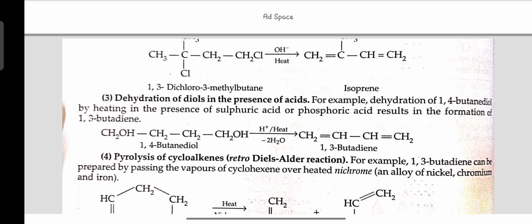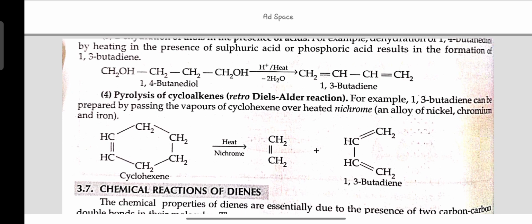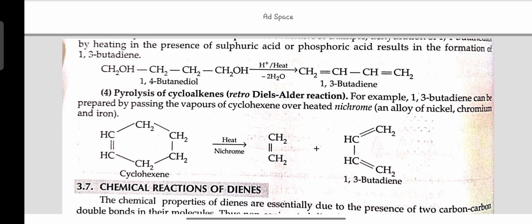For example, dehydration of 1,3-butanediol by heating in the presence of sulfuric acid or phosphoric acid results in the formation of 1,3-butadiene. Fourth, pyrolysis of cycloalkene. For example, 1,3-butadiene can be prepared by passing the vapor of cyclohexene over heated nichrome, an alloy of nickel, chromium, and iron.